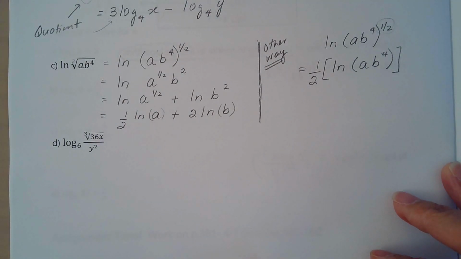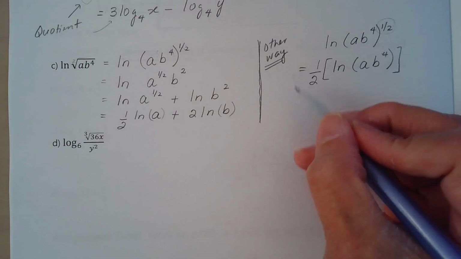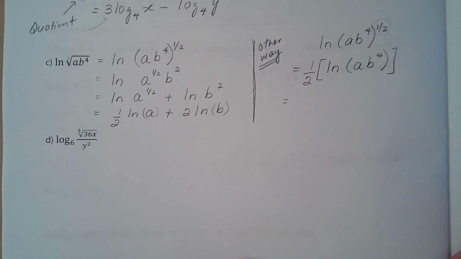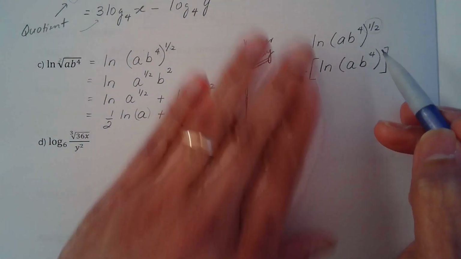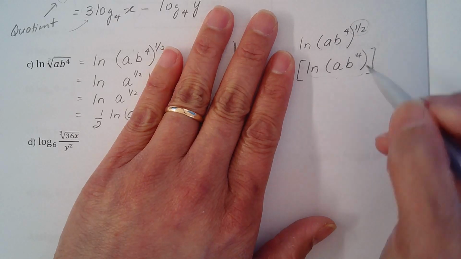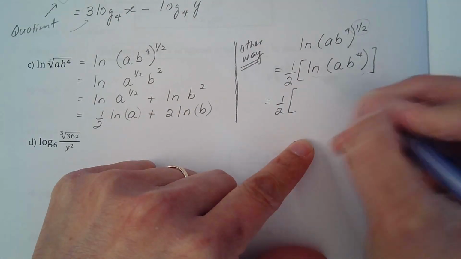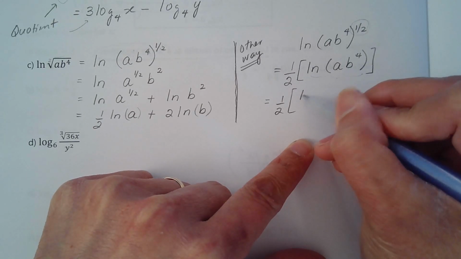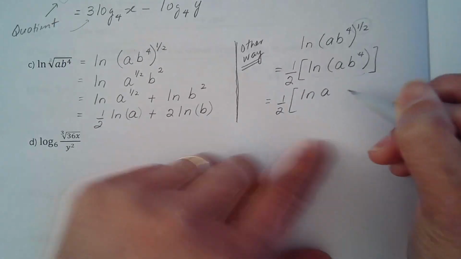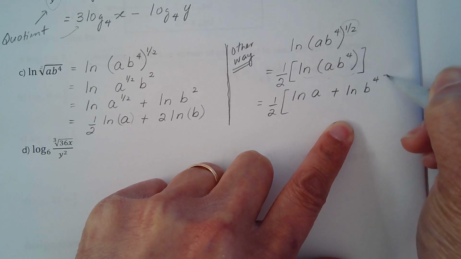Okay, here's the other way. Now, the 1/2 is already outside. Now let's deal with the inside. This becomes natural log of a plus natural log of b to the 4th.